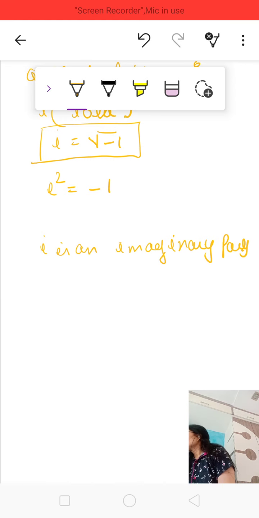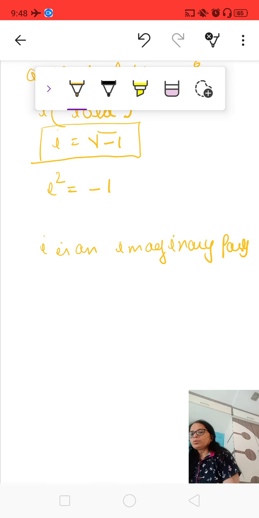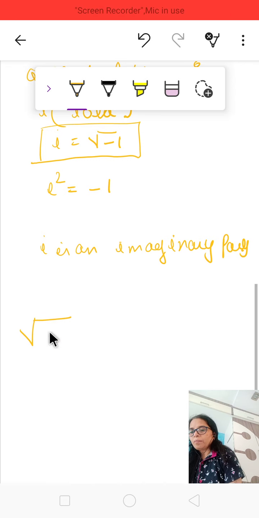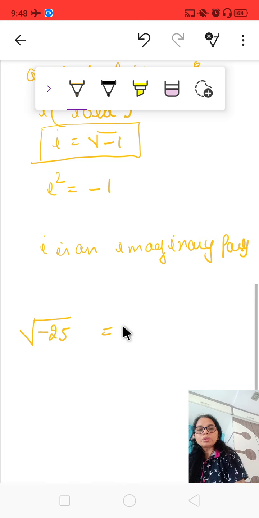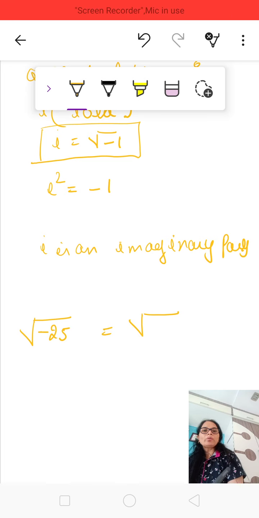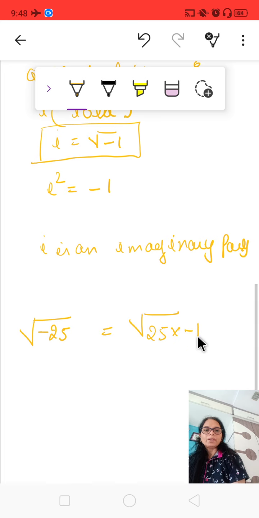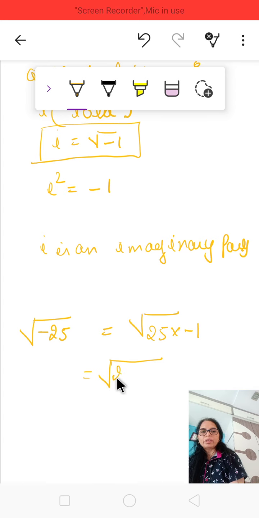Now imaginary number, suppose here I am writing minus 25. So how to take out the square root of this one? What I told you, see here, i square is equal to minus 1. So for this convenience you can write this as 25 into minus 1. No need to do it like this, but I am telling you so that you will understand very easily.